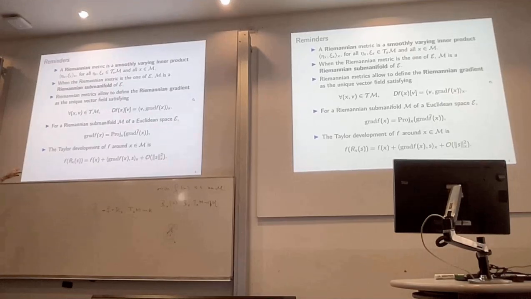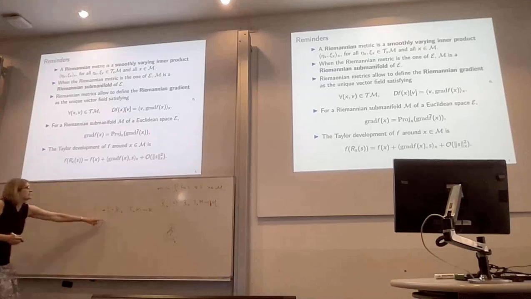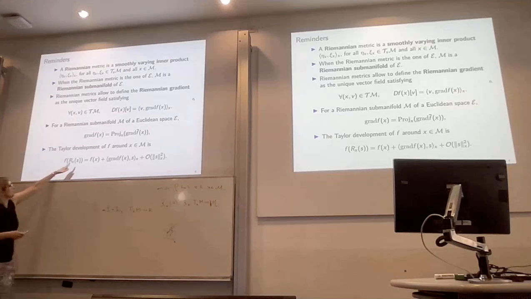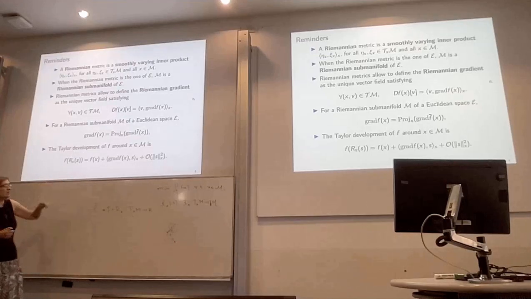And furthermore, what is very important in optimization is some notion of Taylor expansion. So again, for this pullback, I can talk about a Taylor expansion. The pullback at s equals 0 is just f of x. So this function agrees with f at the base point x, where I draw my tangent space.